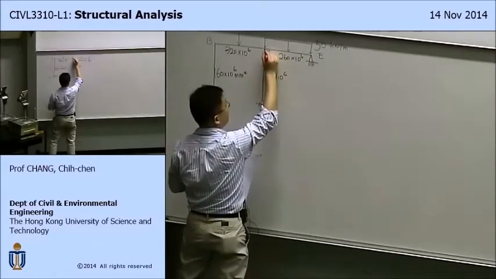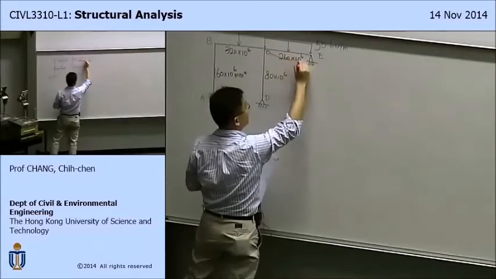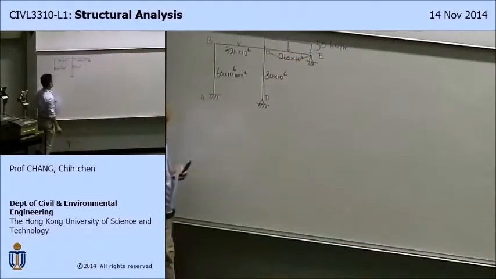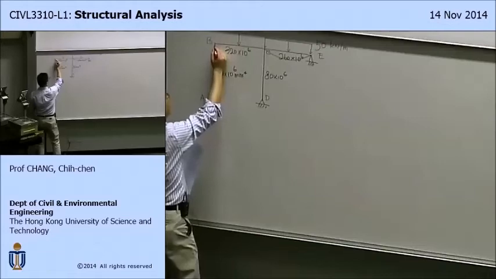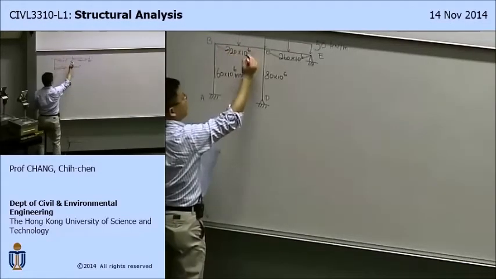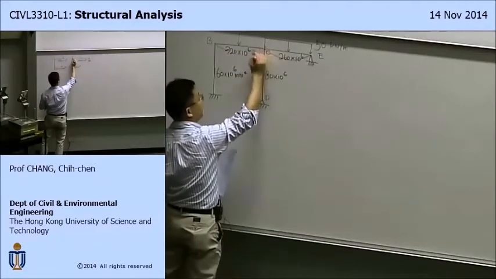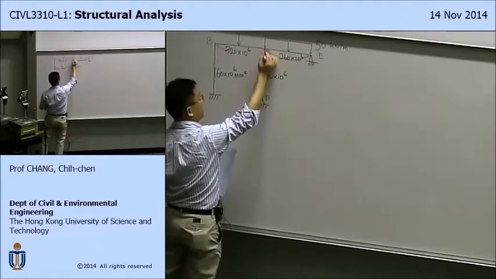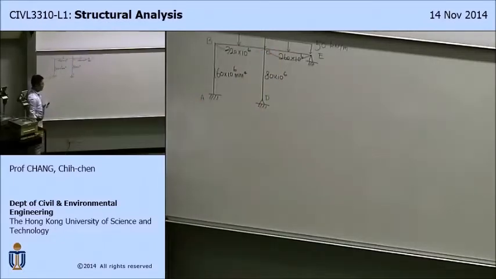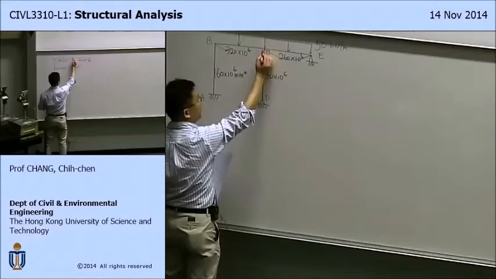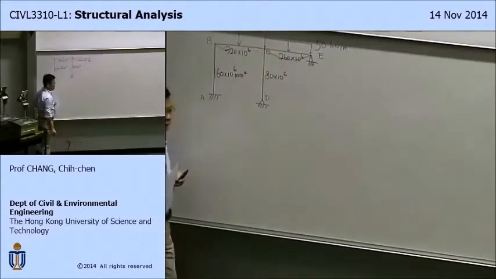Here you are expecting to see some sort of deflection like that, and here you're also expecting to see some deflection like this. But can you imagine that if I deflect it like this, then there will be a compatibility issue there. It couldn't happen like that because the right angle should be preserved.